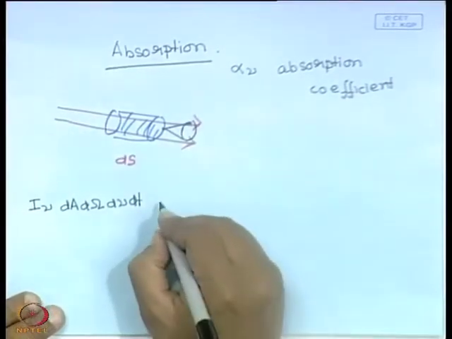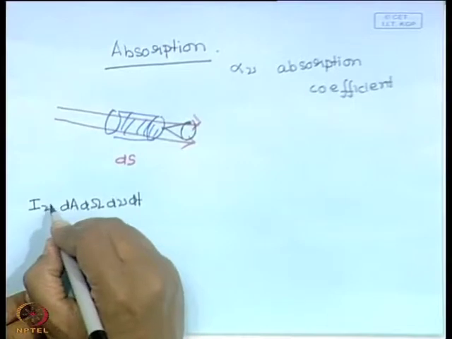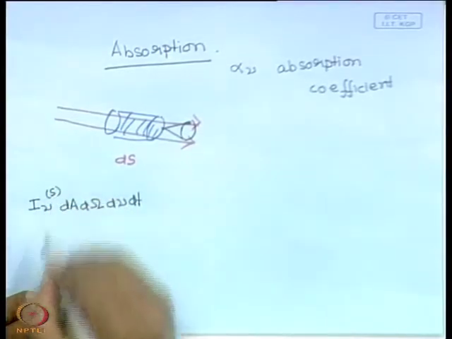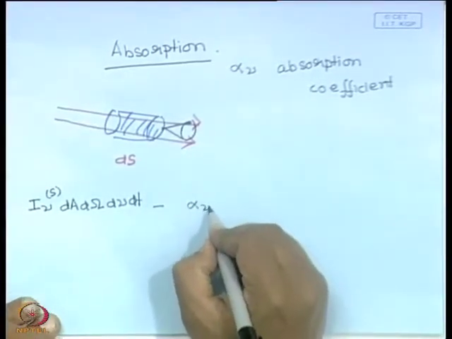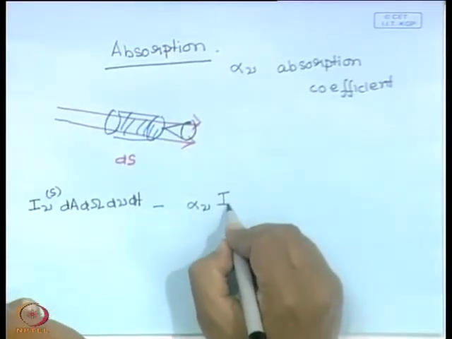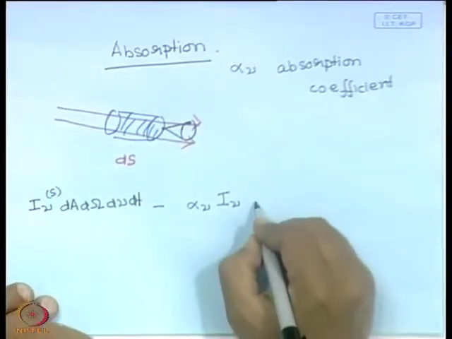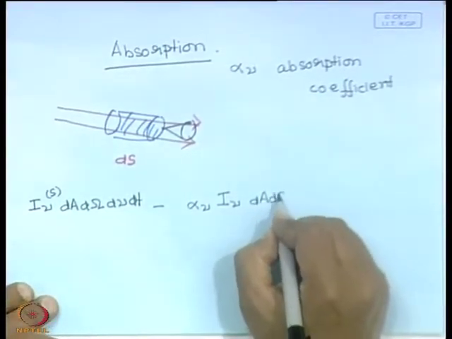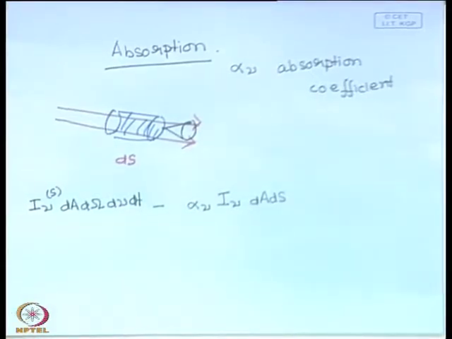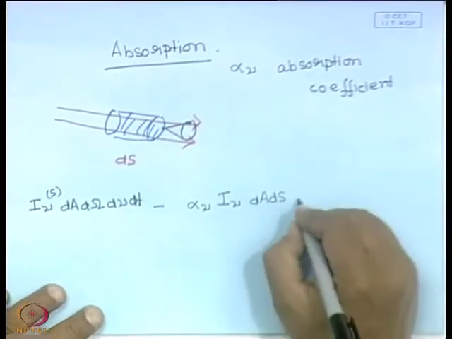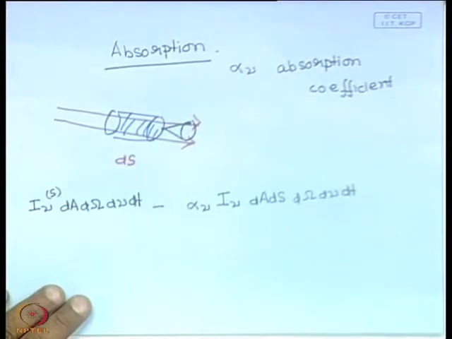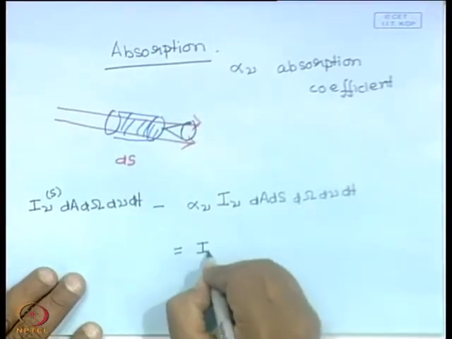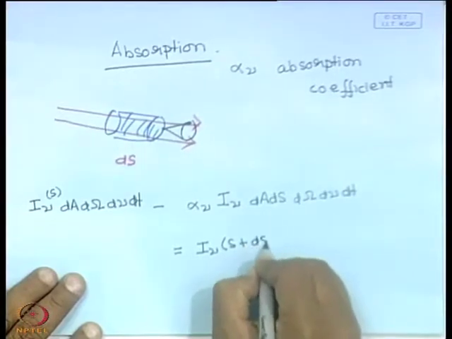Now the energy that gets absorbed here, at the point S, is alpha nu times I nu into dV. So the energy that is removed by a volume dV is alpha nu into the incident specific intensity into the volume. Again we have all those elements, the solid angle, and this is equal to the specific intensity at the point S plus ds.